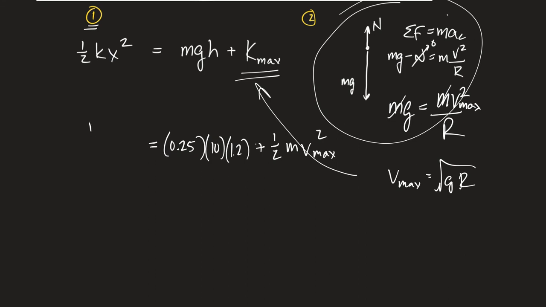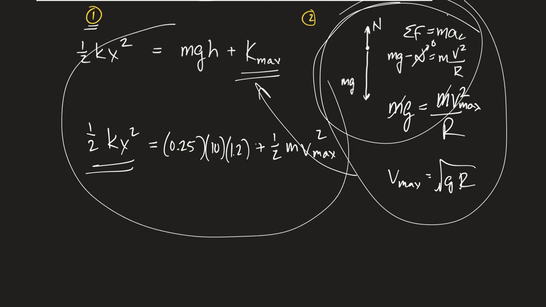That has to equal 1/2 k x squared. I don't want to do the arithmetic. You can plug numbers in and get answers. I want to show you the types of problems that are here. We've done this problem before. We've done this problem now. We're just putting them together.